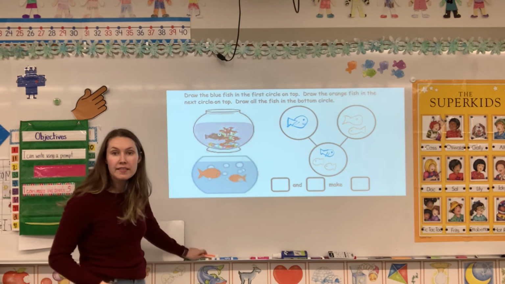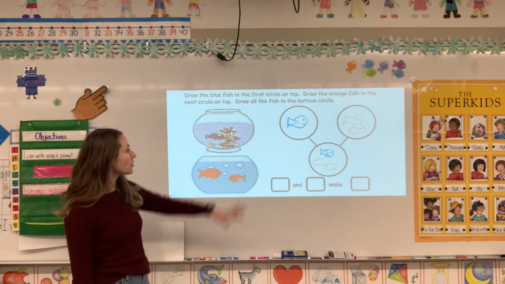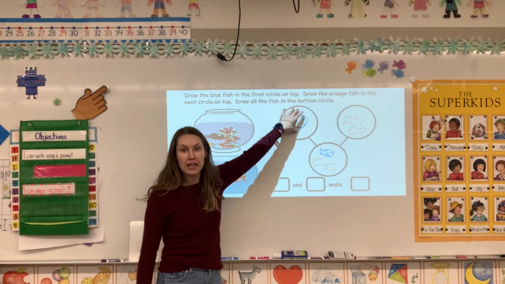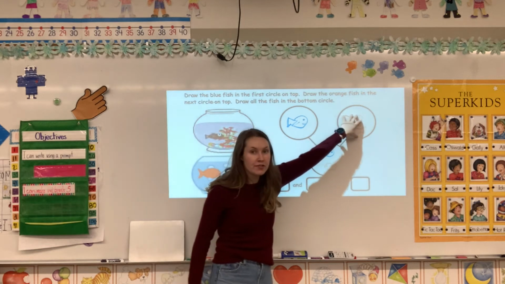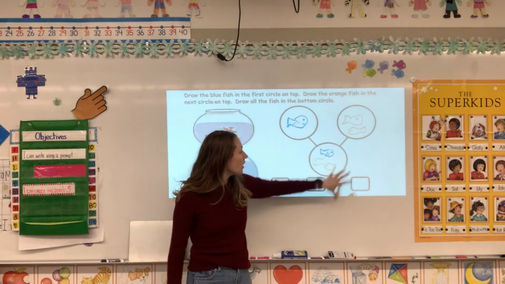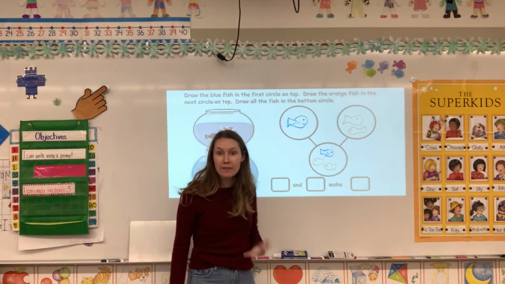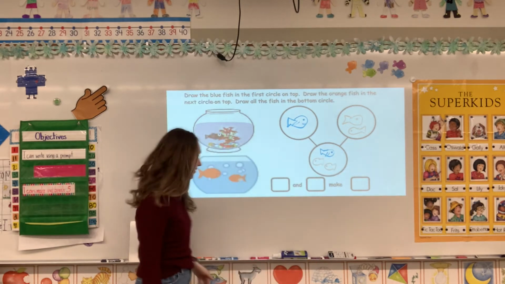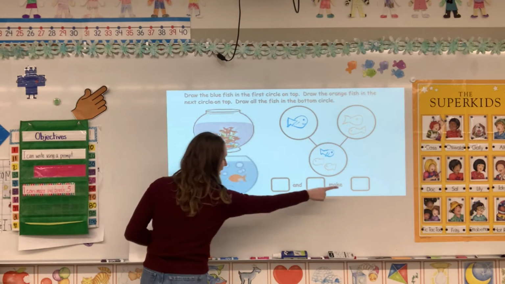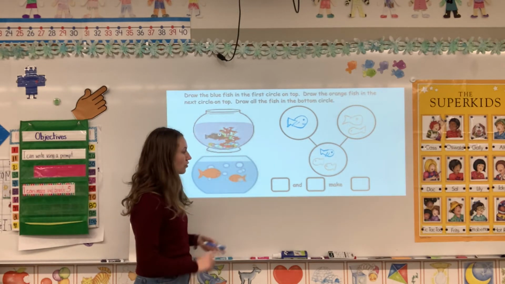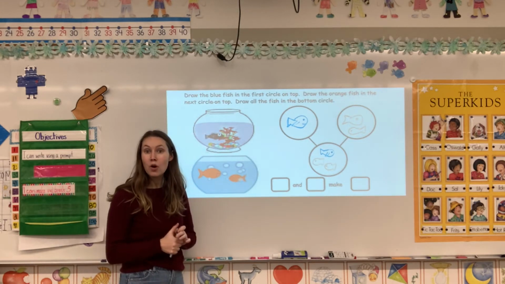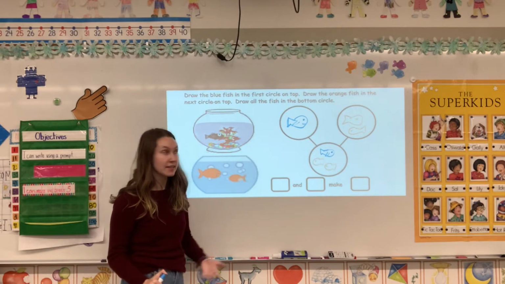Okay, so what does this show us? This shows us that 1 blue fish and 2 orange fish come together and make 1, 2, 3 fish. 3 fish all together. And then it says blank and blank make. So what would we write here? How could we put this into a number sentence?